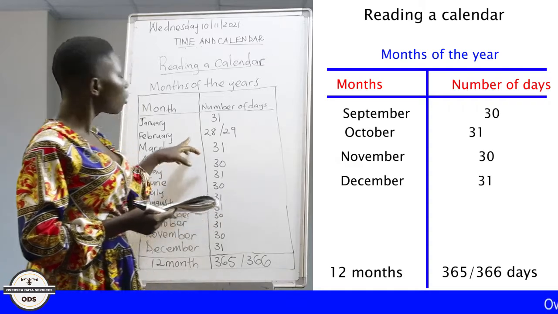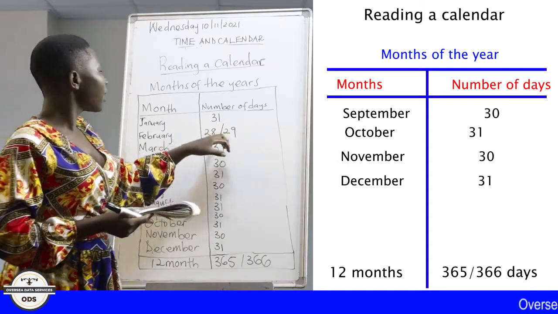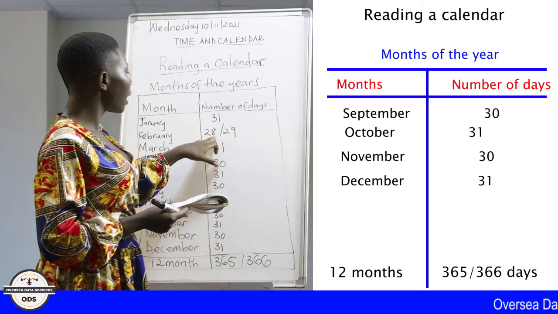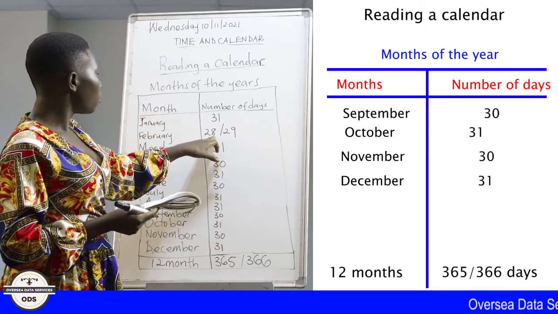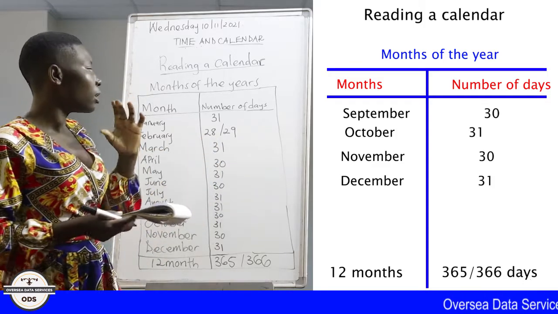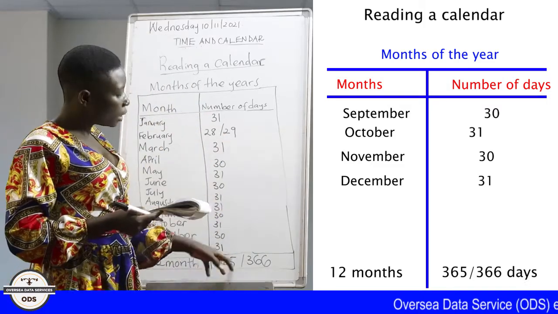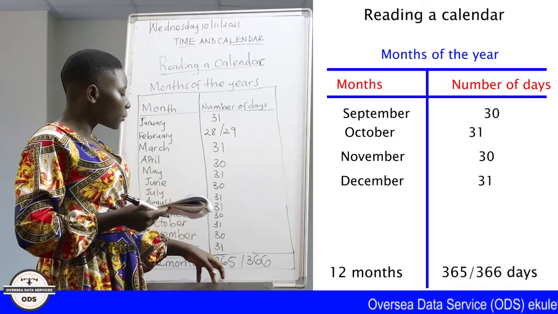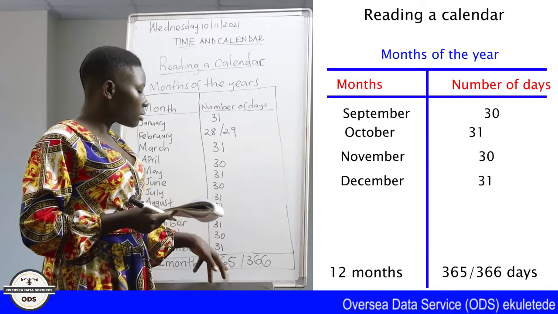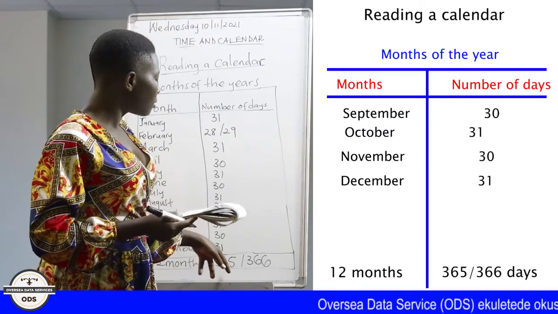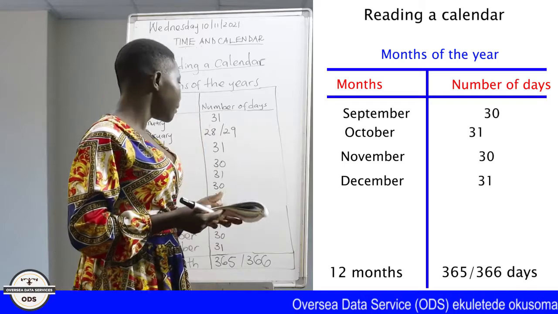When February has 28 days, we call it an ordinary year. And when we add the days, we get 365 days.